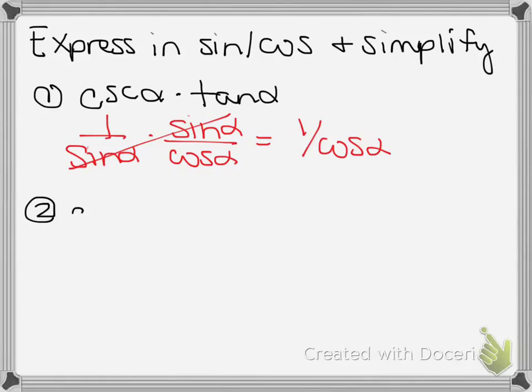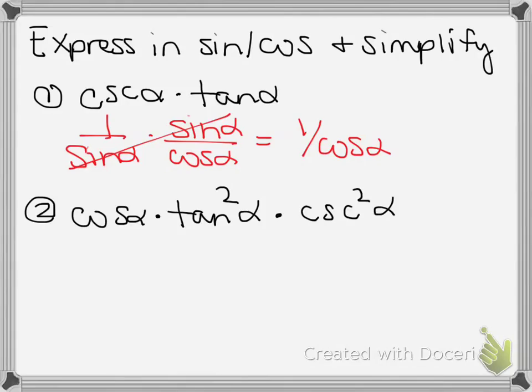Let's do one more. If I said cosine alpha times tangent squared alpha times cosecant squared alpha. So when we go to rewrite this, we're going to leave cosine alone. Cosine alpha times sine squared over cosine squared.